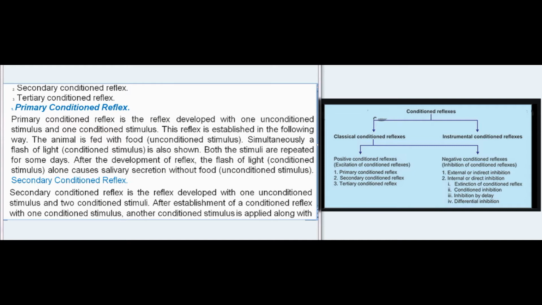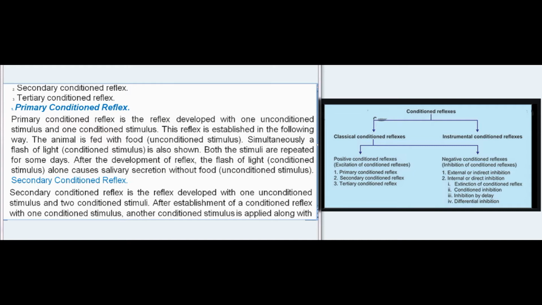This reflex is established in the following way. The animal is fed with food, unconditioned stimulus. Simultaneously a flash of light, conditioned stimulus, is also shown. Both the stimuli are repeated for some days. After the development of reflex, the flash of light, conditioned stimulus, alone causes salivary secretion without food, unconditioned stimulus.